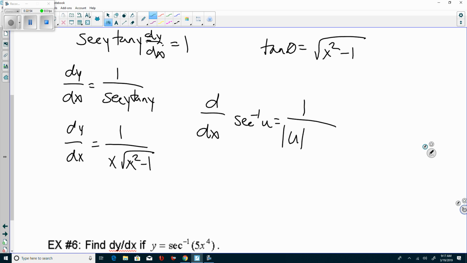If it's less than negative 1, it's going to be your negative in front of it, so that will make it an absolute value. And then it's the square root of u squared minus 1, and then du dx. And then it shows you the absolute value of u is greater than 1.